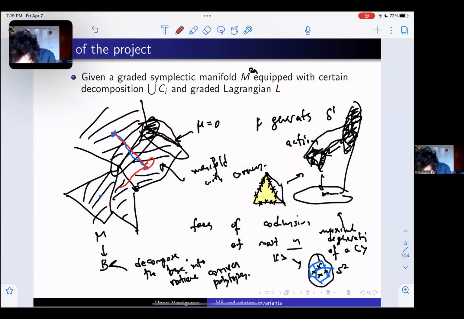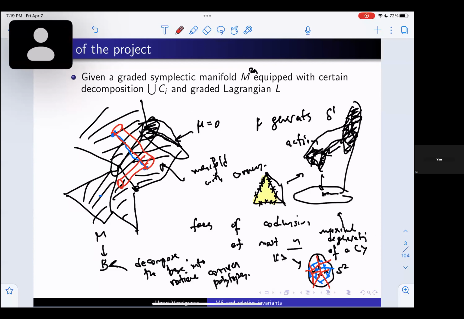But of course, there are circles. It looks kind of like this. So in the SYZ picture, if you have an SYZ base, it looks like this. Okay, so it's in the dual of the decomposition, and it's a symplectic object.